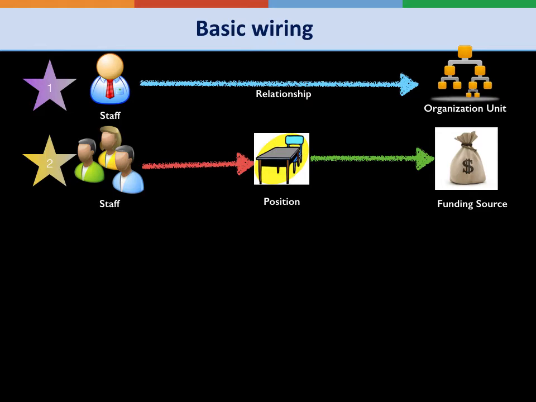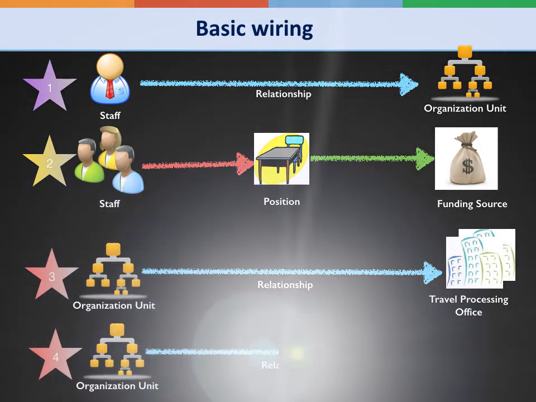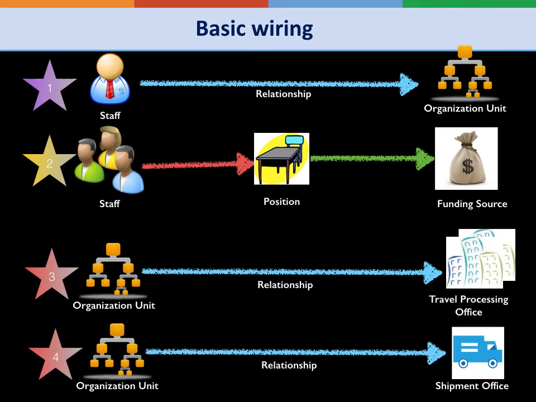We call it info type 1018. Number three, an organizational unit has a relationship to a travel processing office. The same way, a shipment processing office or shipping office is also linked to an organizational unit. So all this wiring is already done in the system as part of the design, so that when a transaction is created, the workflow and the processing happen based on this wiring.